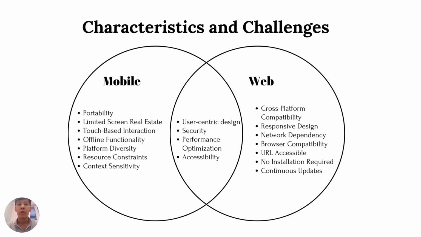So when we are developing, for example, mobile applications, we can encounter some problems like portability, limited screen real estate, touch-based interaction, offline functionality, platform diversity, resource constraints, context sensitivity, and about web: cross-platform compatibility, responsive design, network dependency, browser compatibility, URL accessible, no installation required, continuous updates, and for both of them that are similar: user-centric design, security, performance optimization, accessibility.